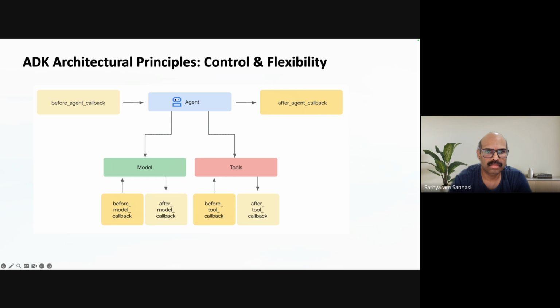It is obvious: the before-agent function is called before the agent is called, here it is before the model, and this is before a tool is called, and the same way for after. This is extremely important to understand if you are looking to build any production system. It's not just production data agents, but any production agents.